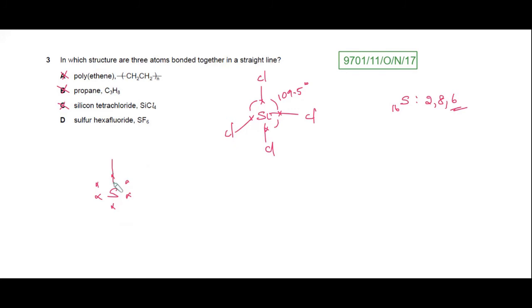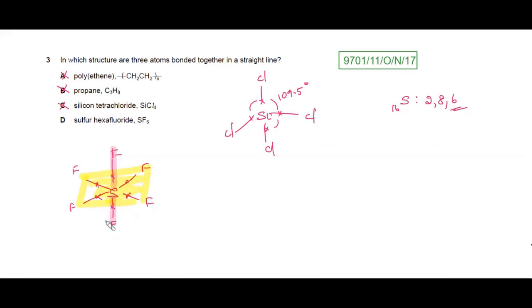So we can assume this is connected here. This is connected to the next fluorine. This goes for the next fluorine, and the next, and the next, and the next. These fluorine atoms will be in a plane.